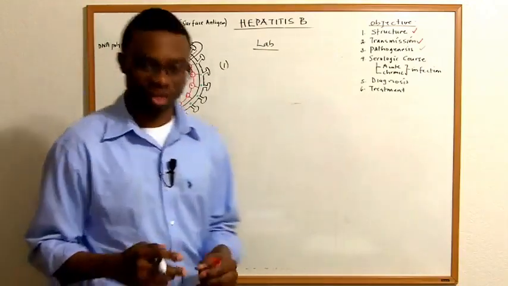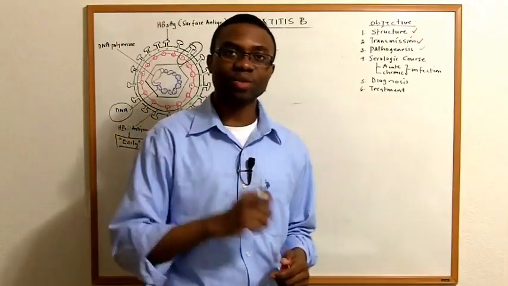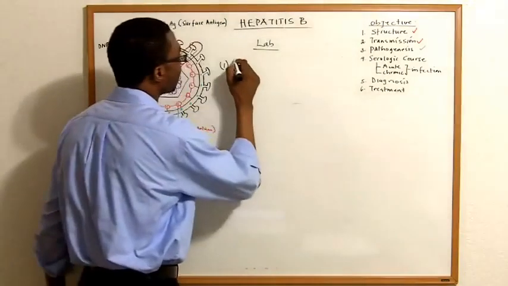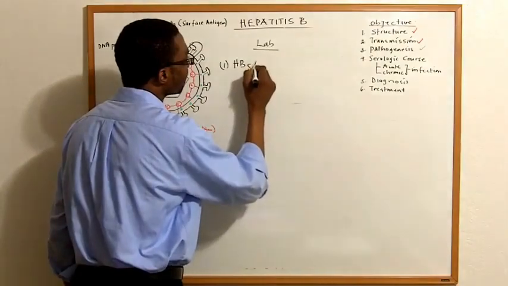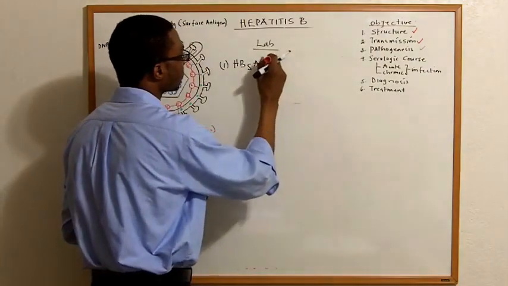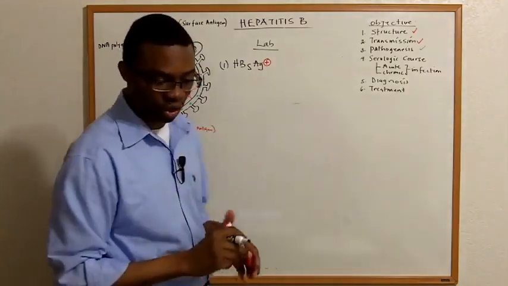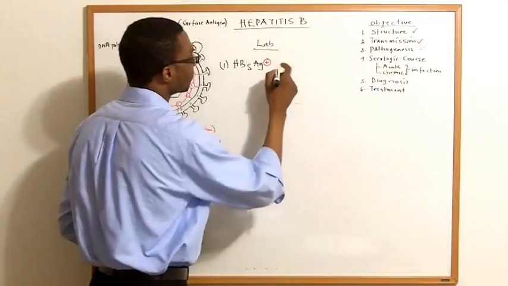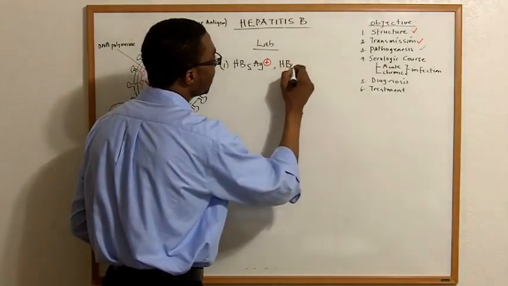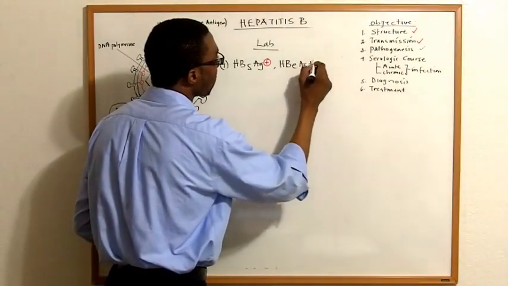We draw a serology, and this is what the serology of the patient comes back to. The patient has hepatitis B surface antigen positive. And also, they have hepatitis B early antigen positive.